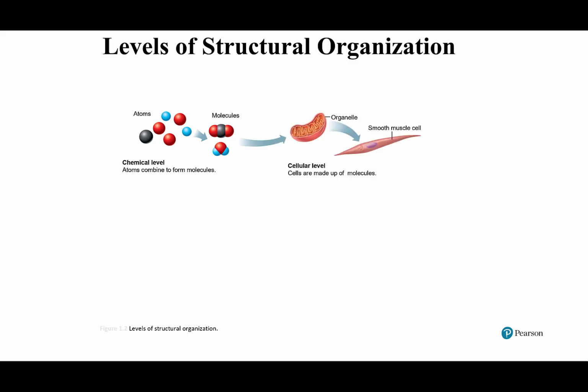A whole bunch of molecules come together and give you cells, which is what we consider the cellular level. In your body, you have a lot of different cells. You have muscle cells, brain cells, skin cells, for example, and many more.